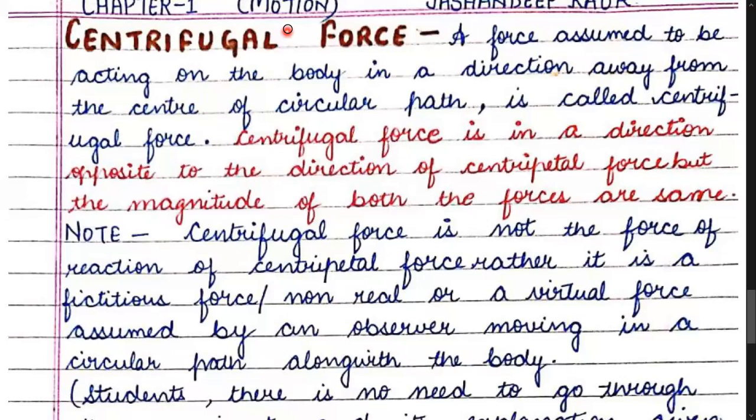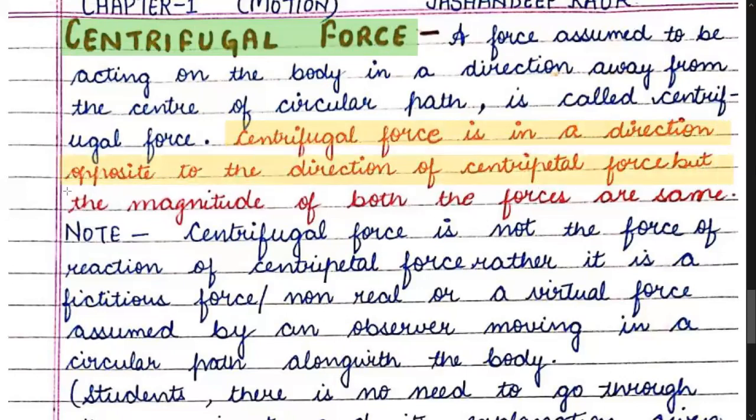Now coming to the next part, that is centrifugal forces. Children, as I have shown you just now, what are these forces? Centrifugal force is in a direction opposite to the centripetal force, but it is the same in magnitude. A force is assumed. Why assumed?